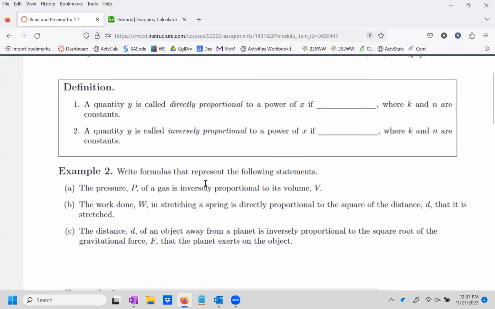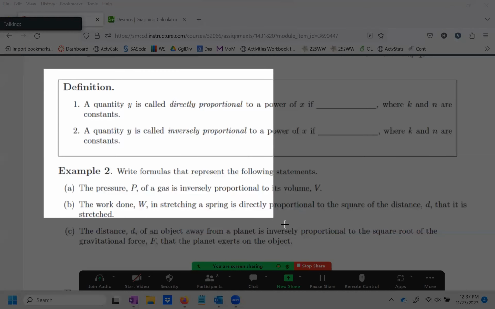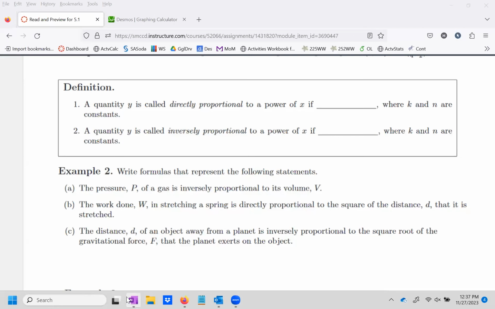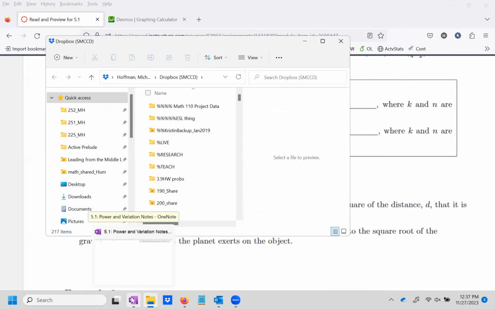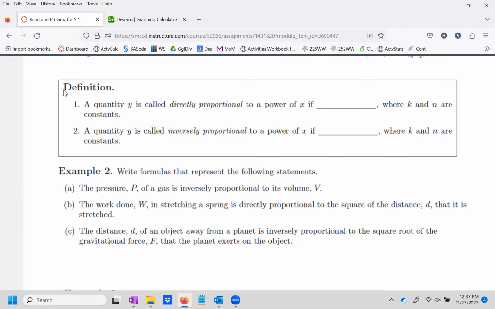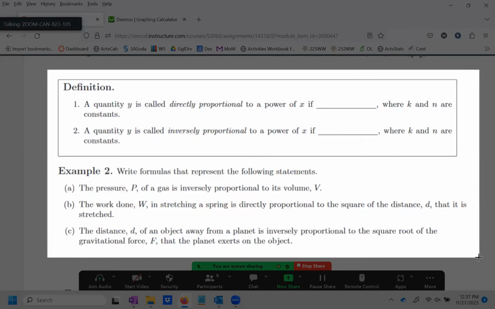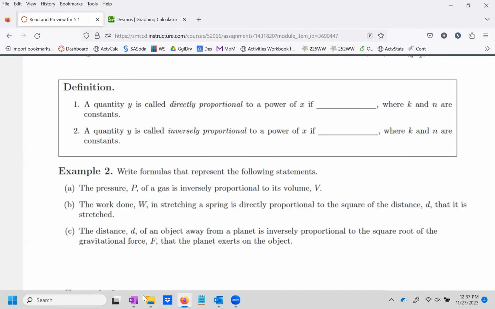I can show you how, but the main thing I want to do is this definition of variation, proportionality, or inversely proportional. I'll put this in my notes, but first I want to do this because this is more important.